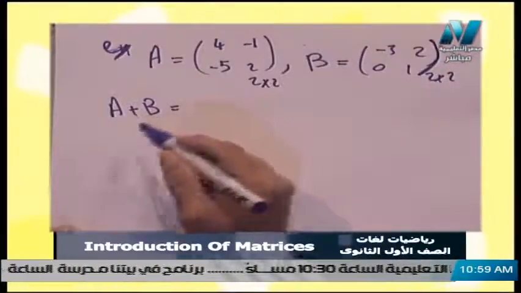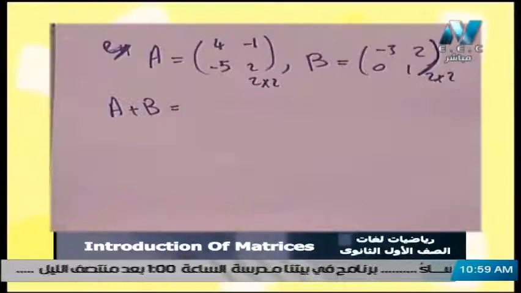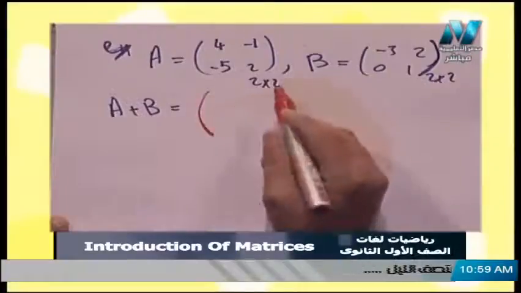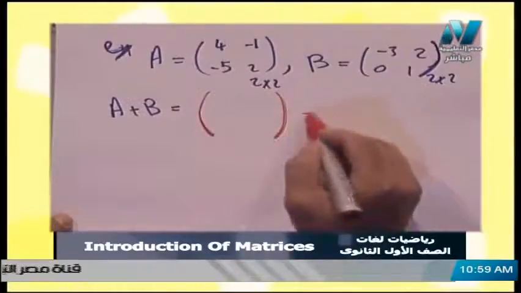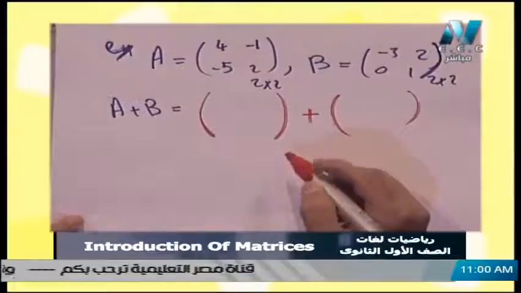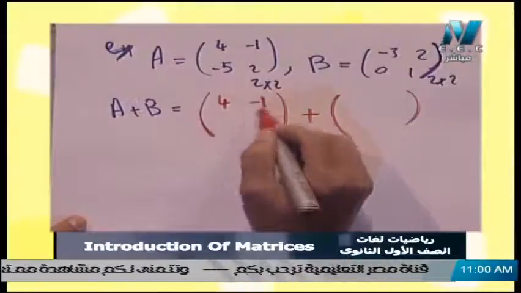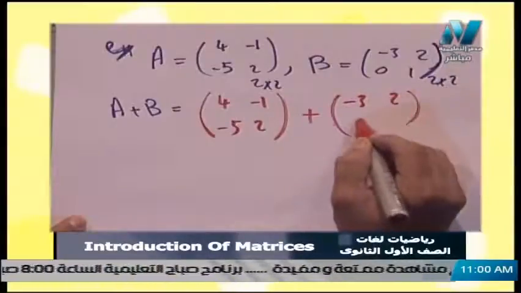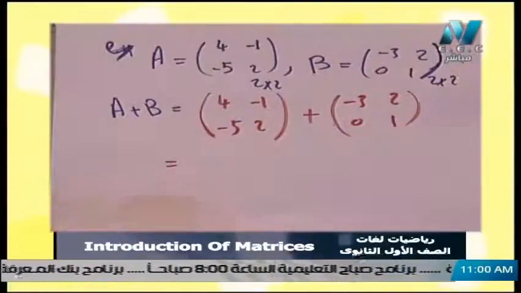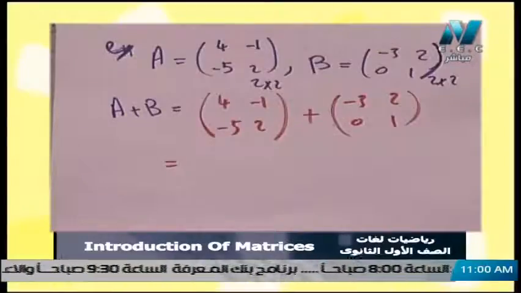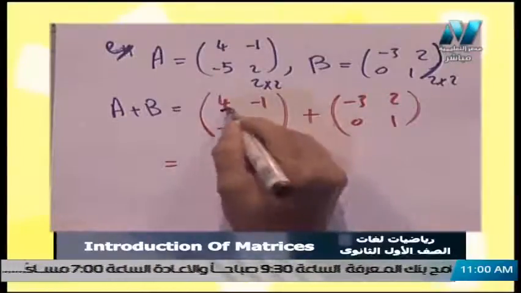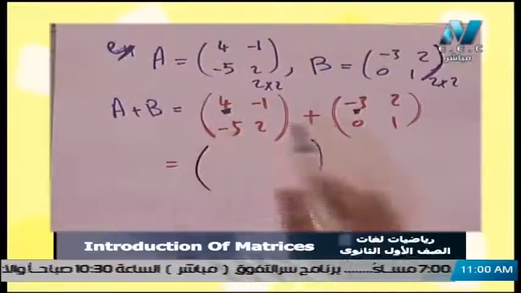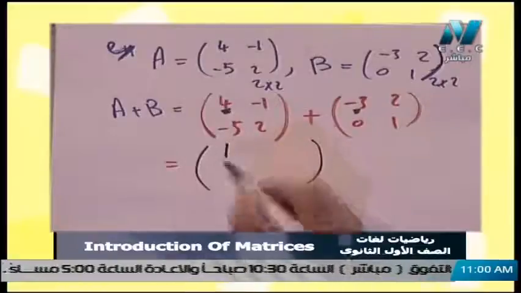To find out the adding of A plus B here, we write A like that and B like that. A, write it again for -1, -5, and 2, and B: -3, 2, 0, and 1. And we will add the element 4 with the element -3. Concentrate well with me. 4 plus -3 equals 1.